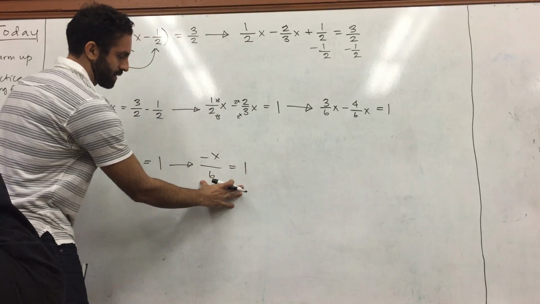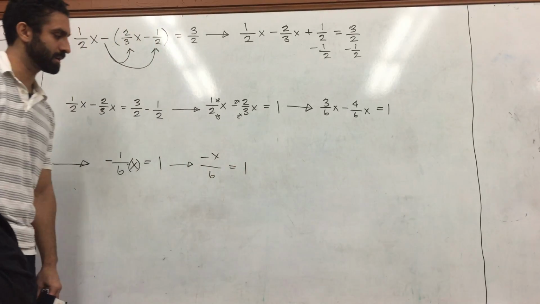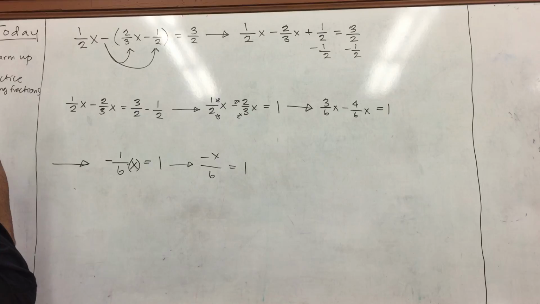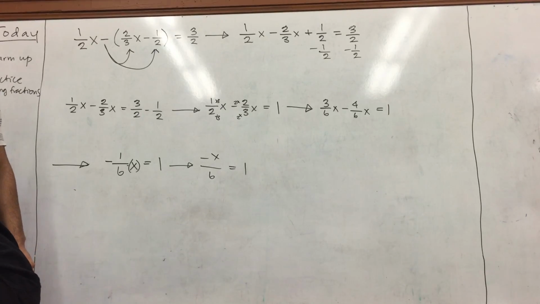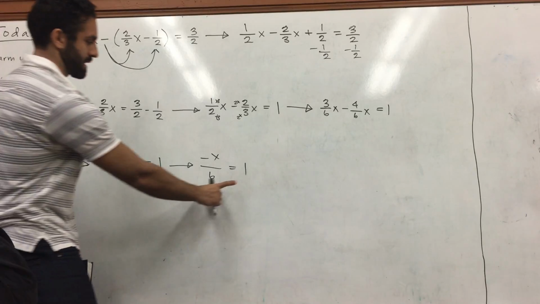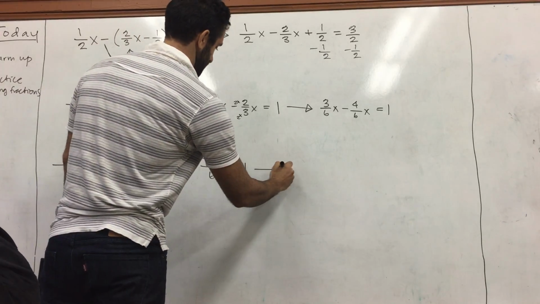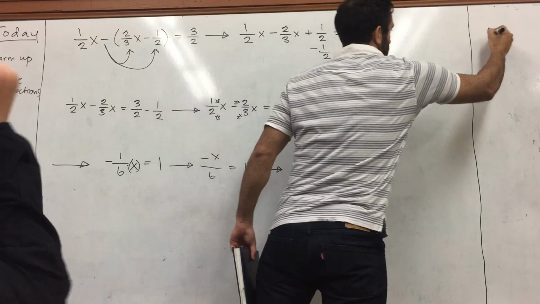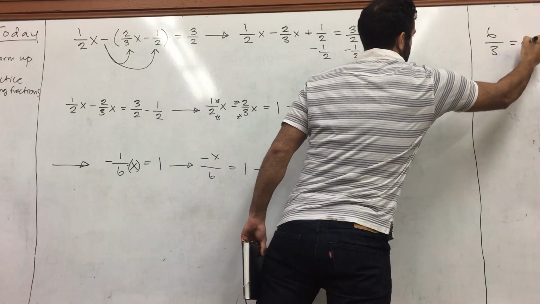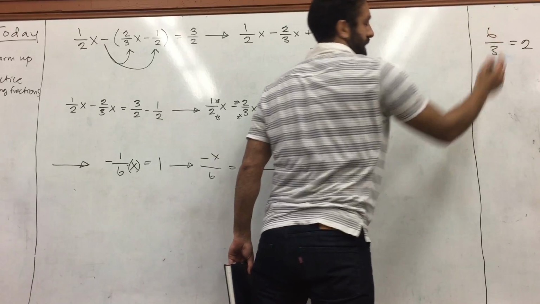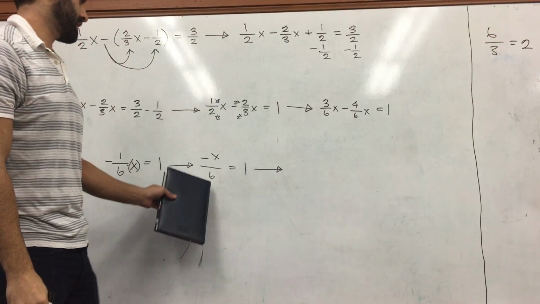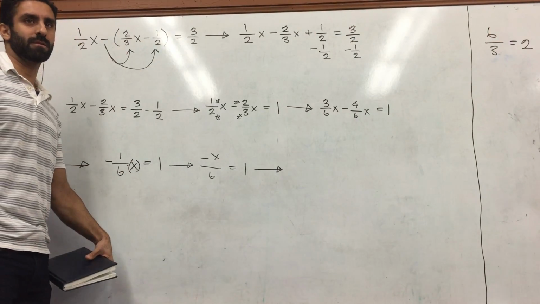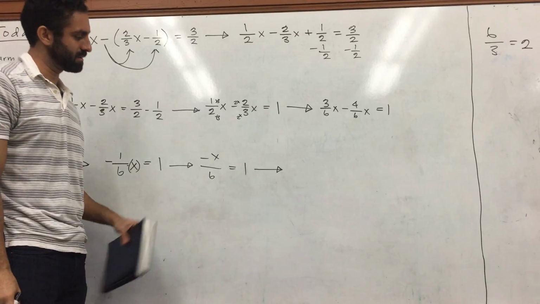And then these are those one-step equations we did last week. How do I solve this? Remember 6 over 3 equals 2? This times that is that. We can apply that same logic here.